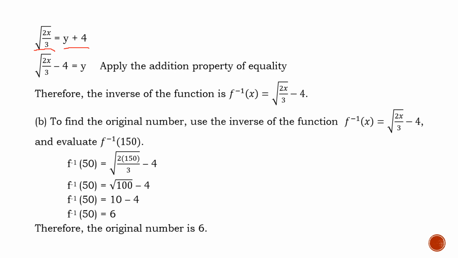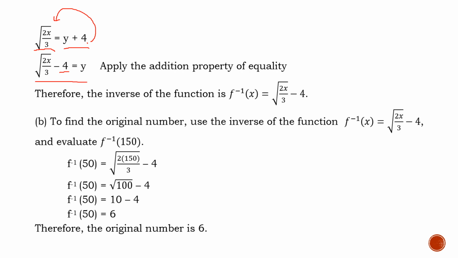By transposing this positive 4 to the other side of the equation, from positive it becomes negative. That's because our purpose now is to find the value of y in terms of x, so there should be no exponent, numerical coefficient, or constant attached to y. So the resulting value of y in terms of x will be the square root of 2x over 3 minus 4.